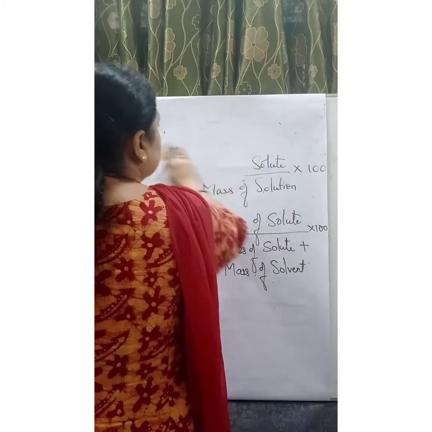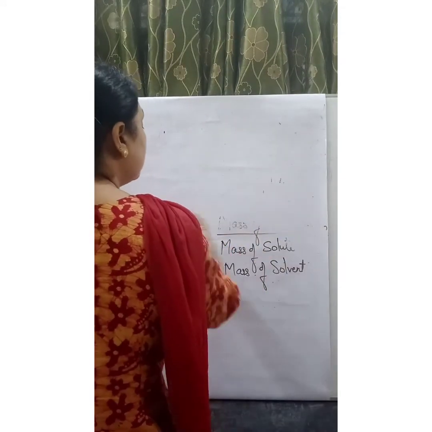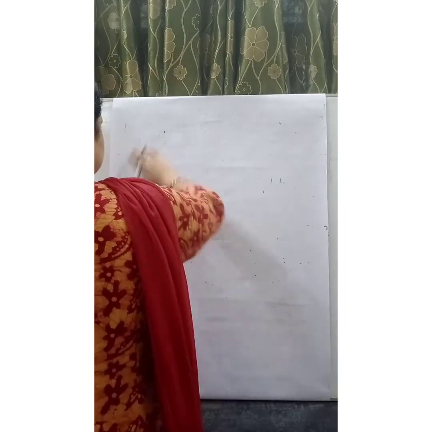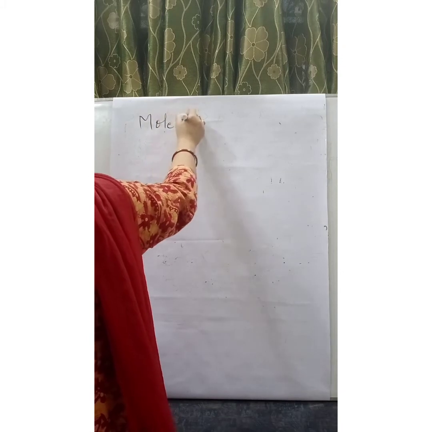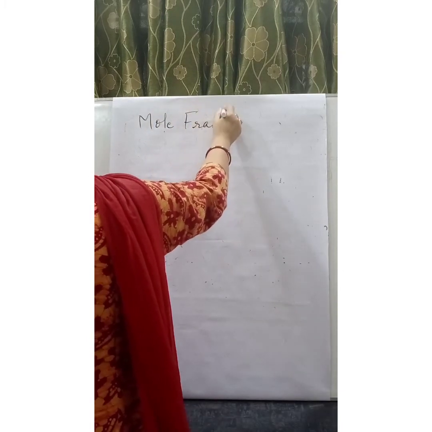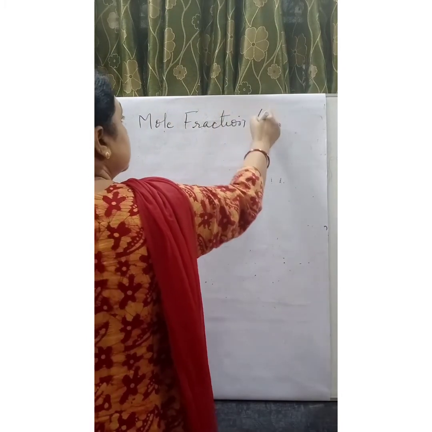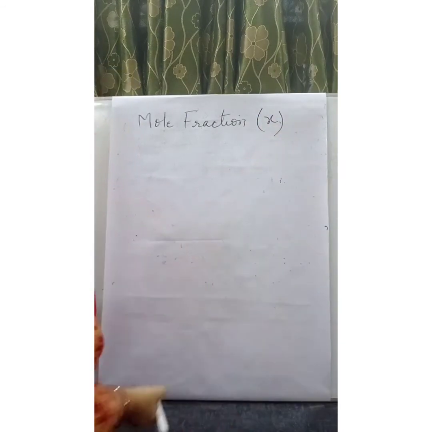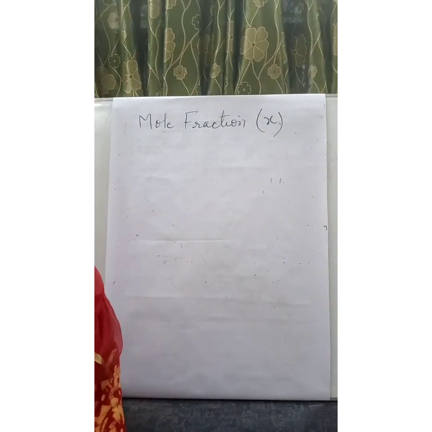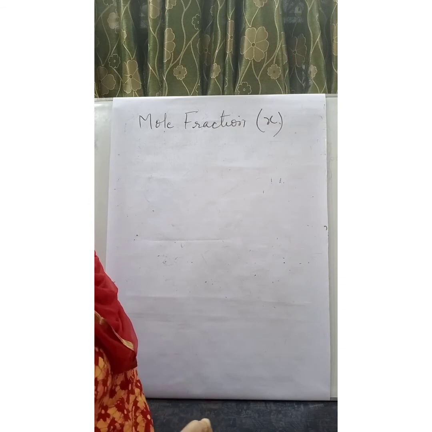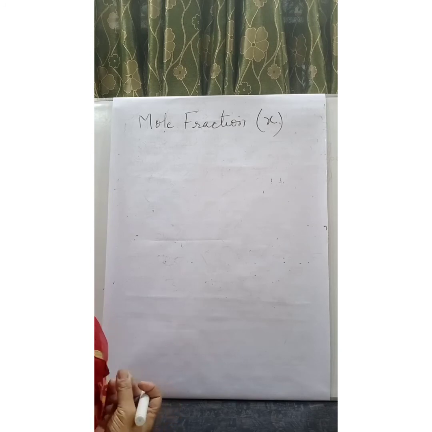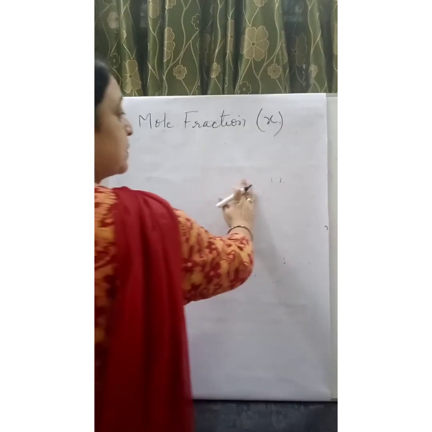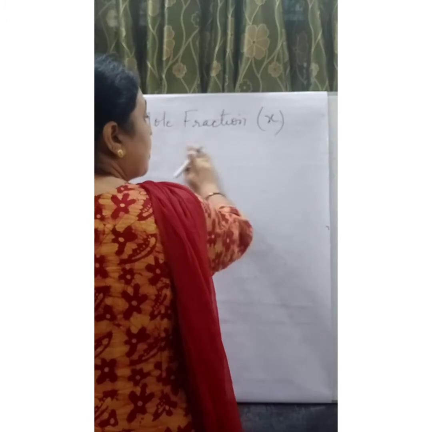Let us move on to the next one, mole fraction. Mole fraction is the ratio of number of moles of a given component to the total number of moles of all the components present in the solution. There are two ways of expressing mole fraction.